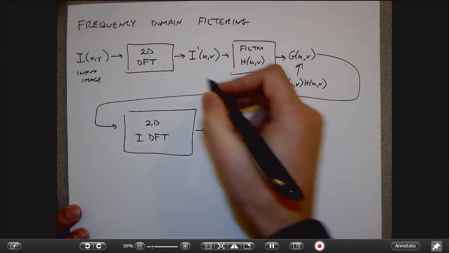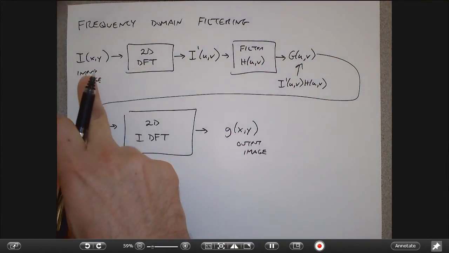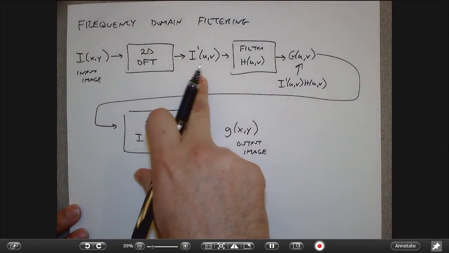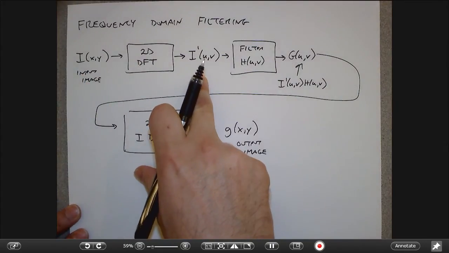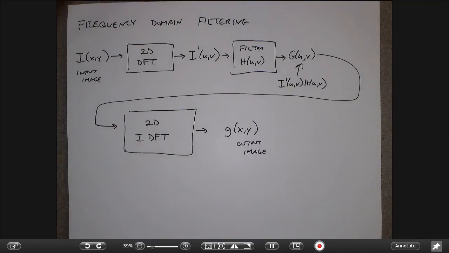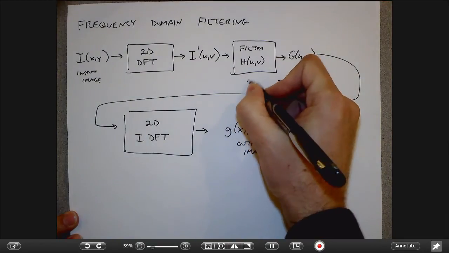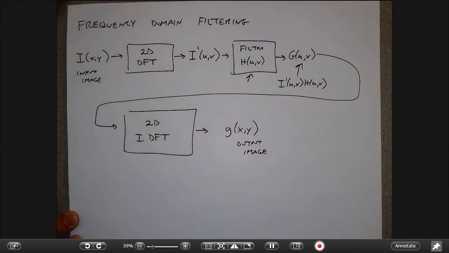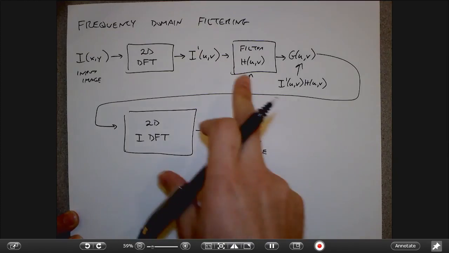And so what I want to focus on today is, we talked a little bit last time about what the Fourier transforms of real-world images look like, what you should expect to see. Just to refresh your memory, generally we expect to see frequency domain content clustered around the DC value, which we shift towards the middle of the image to make it easier to visualize. So let's think about today, what are these filters going to look like in the frequency domain?